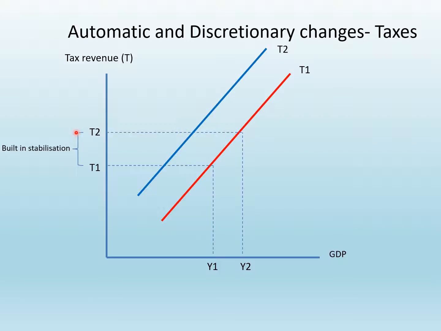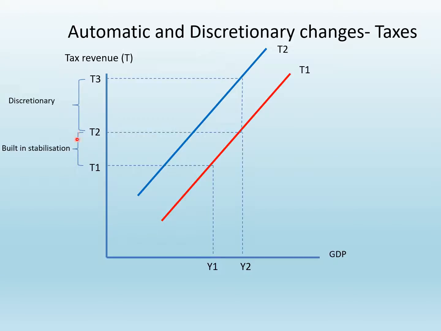If we contrast this now to a discretionary change in taxes, then a discretionary change in taxes would be seen as a change in the tax line. So for example, we're at Y2 and now we increase the tax rate. So you're no longer paying 10% on your income, you're paying 20% on your income.